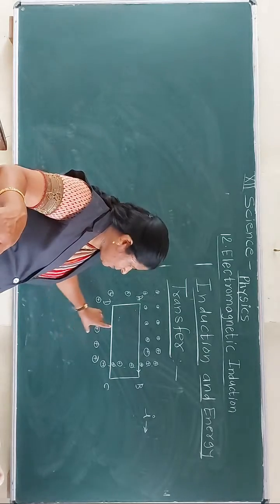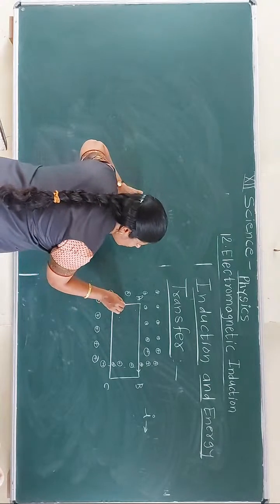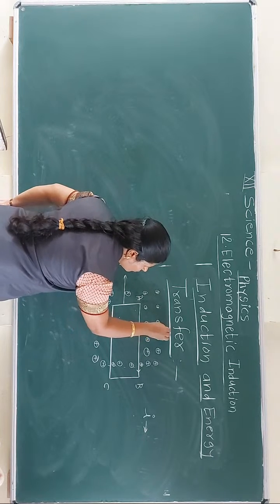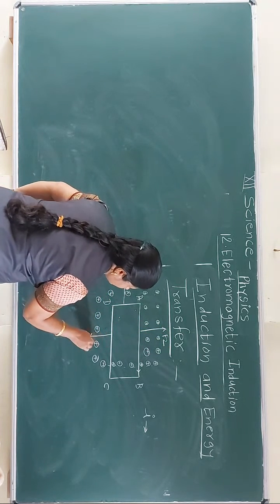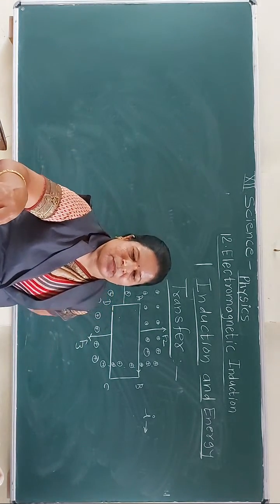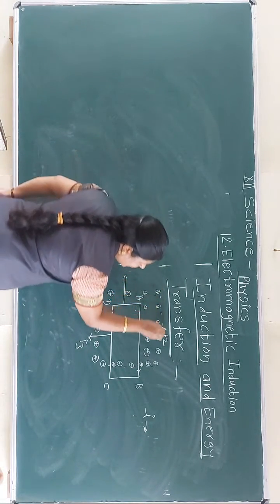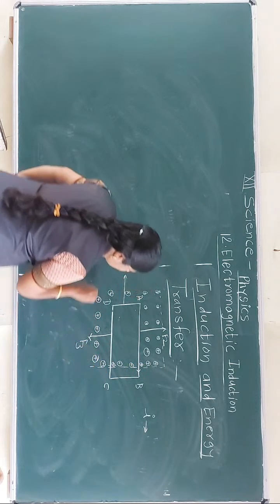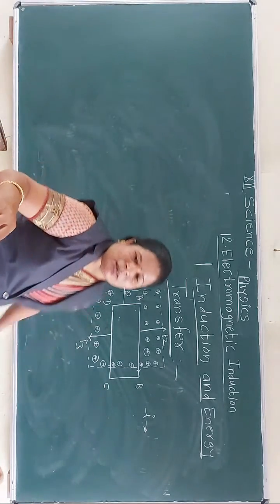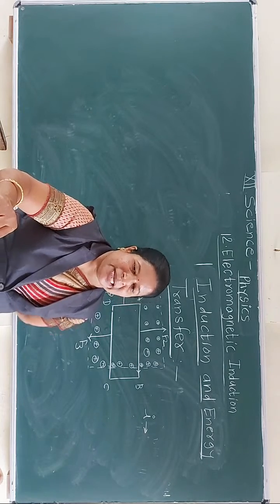The loop segments, being still in a magnetic field, experience forces F1, F2 and F3. The dash line shows the limit of the magnetic field.